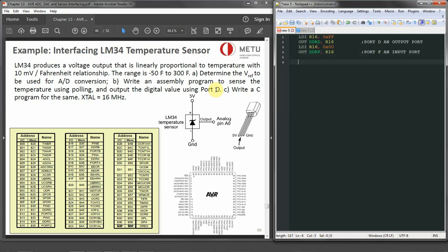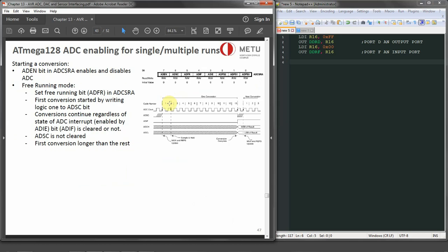Now the ports are ready. Then we have to define the analog to digital conversion register values. So I have to go back to ADCSRA. In this one, we need the analog to digital enable bit to be 1 because we have to enable the conversion. The start bit has to be set later on, so we have to put that to 0 now. ADFR, we are not going to use free running mode, we are going to use single ended.